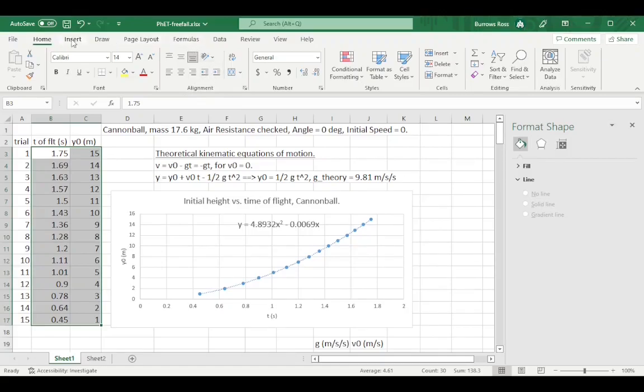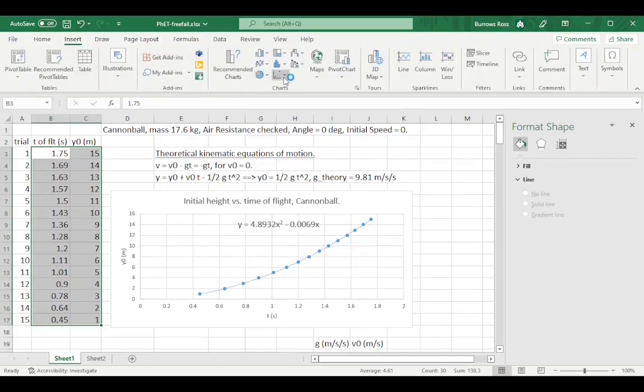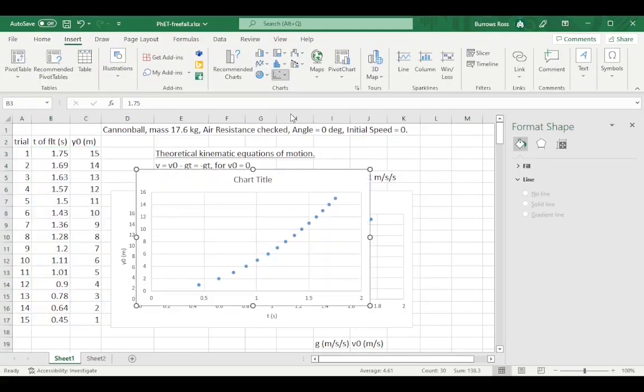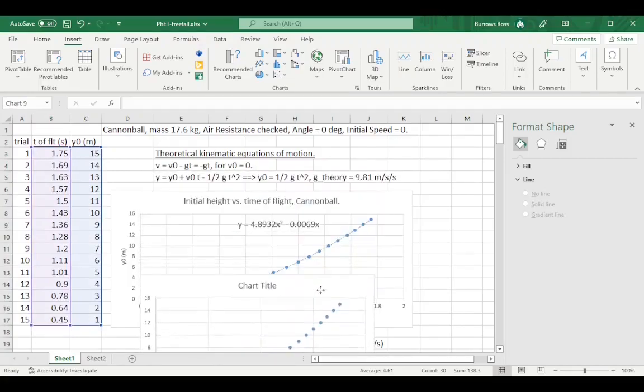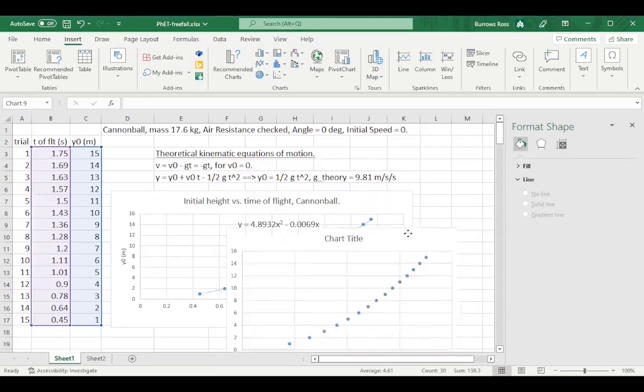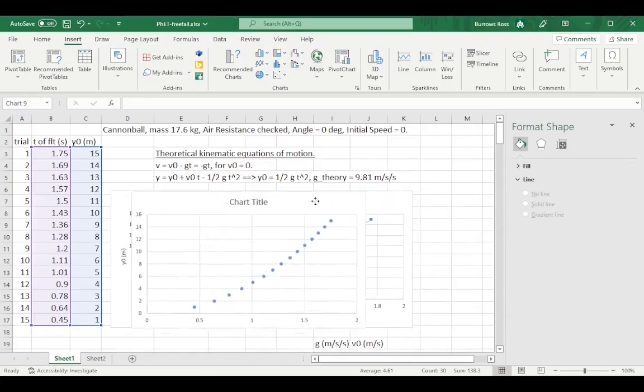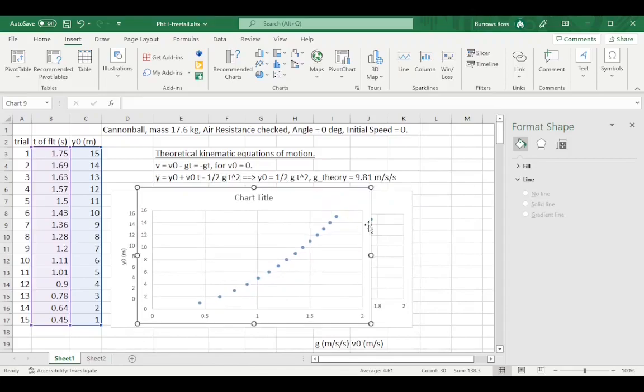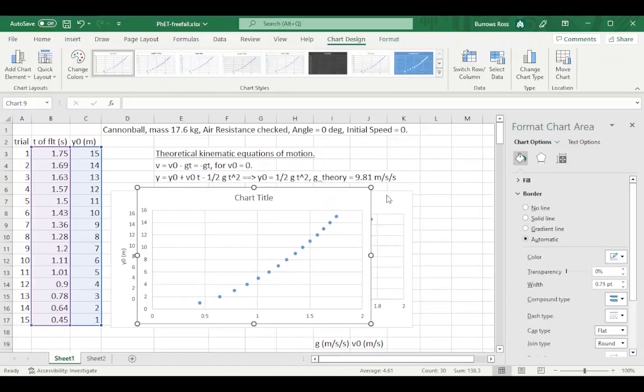Then you could just go over to Insert, Scatter. I like the scatter plot one, and click on it. There's a scatter plot. So now I just replotted that data. And when I did it the first time, I added a chart title and axis titles. Here's how you could do that if you wanted to: go to Chart Elements.